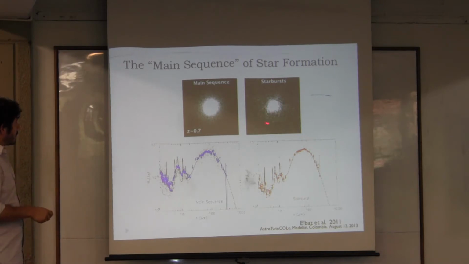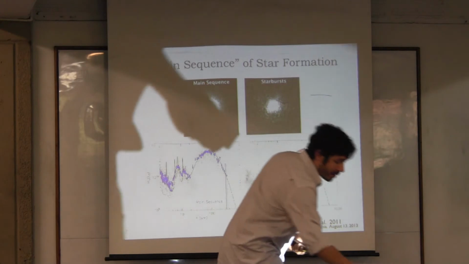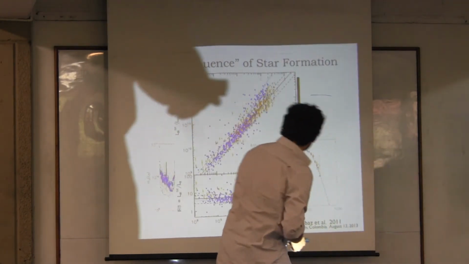So it's as if systems that are more compact visually also have a hotter SED. So from this evidence, there could be two different types of SEDs, and the question is, is this actually related to the compactness I was just telling you about? This could be a possibility.